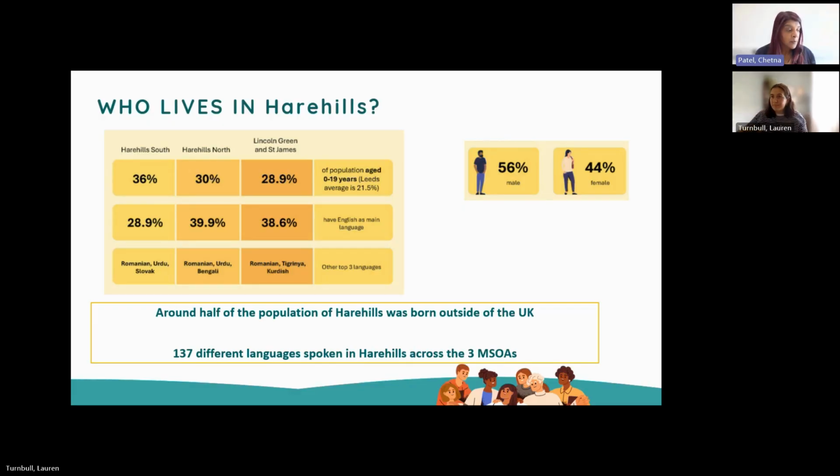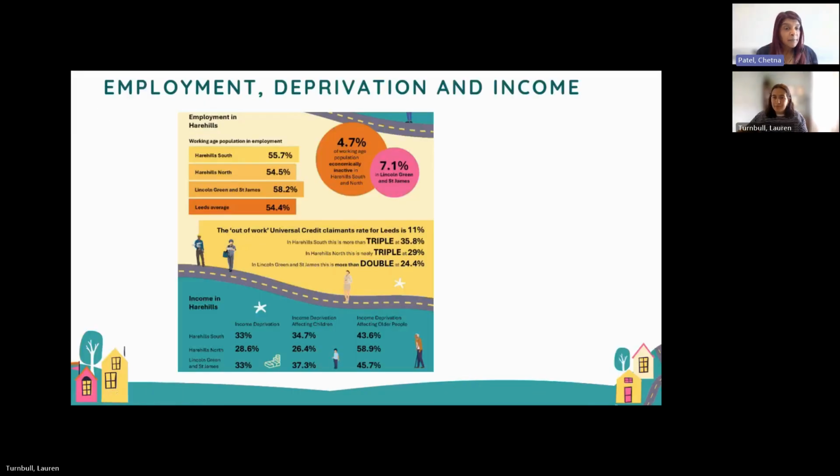Next slide, please, Lauren. In terms of employment, again, similar to what we've already discussed, half the population working. A third of the population of working age in Hare Hills is living in an income deprived household.